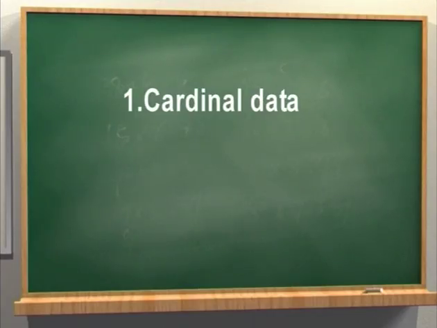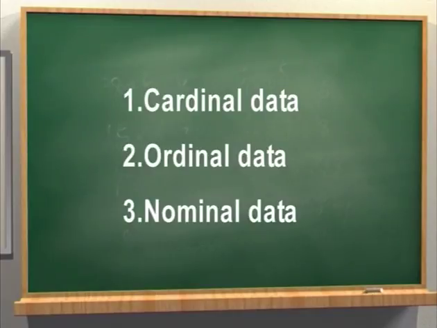The modern world, often described as the information age, is characterized with abundance of data. Data, however, is not homogeneous. In fact, one could talk of three levels of data: cardinal data, ordinal data, and nominal data.